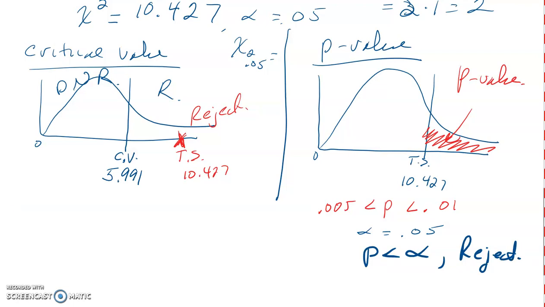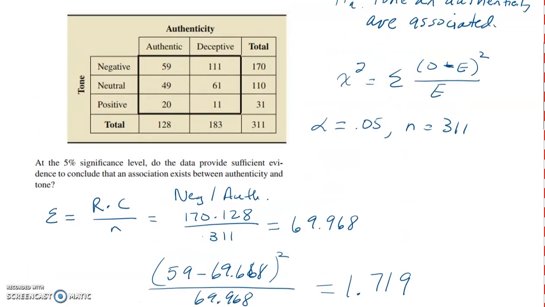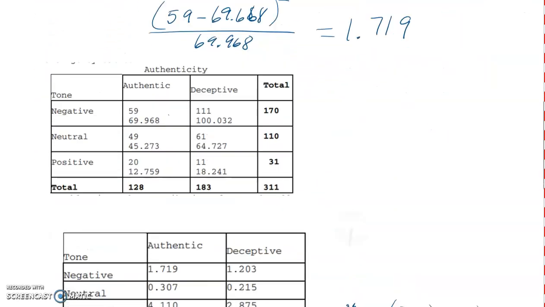Your last part, let's go back and look at the original problem. The question was, do the data provide sufficient evidence to conclude that an association exists between authenticity and tone?